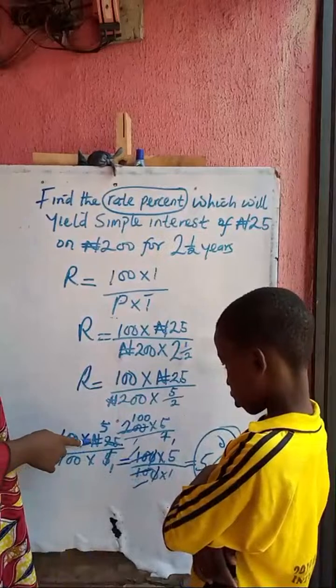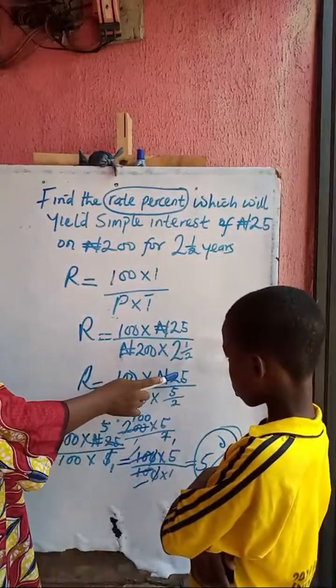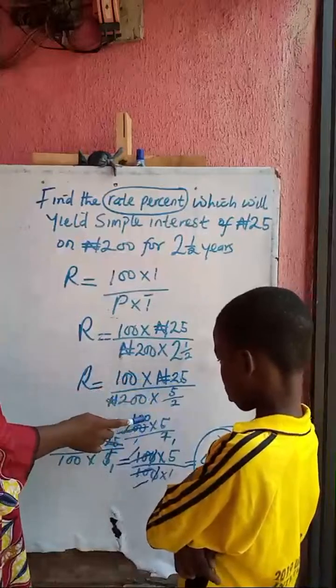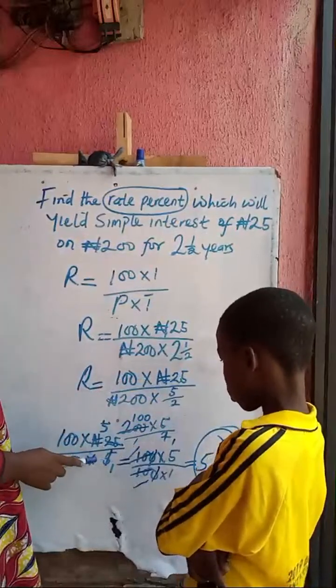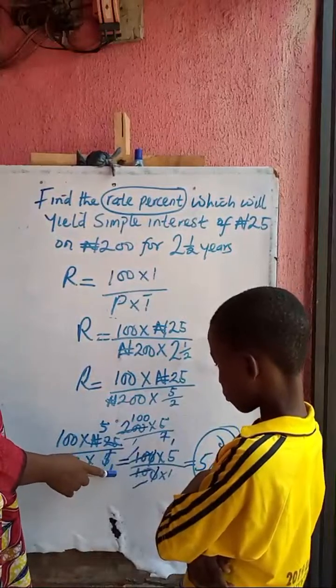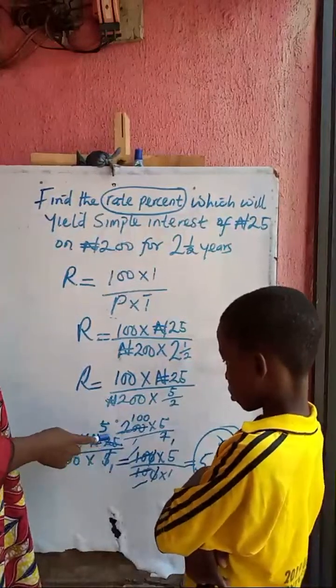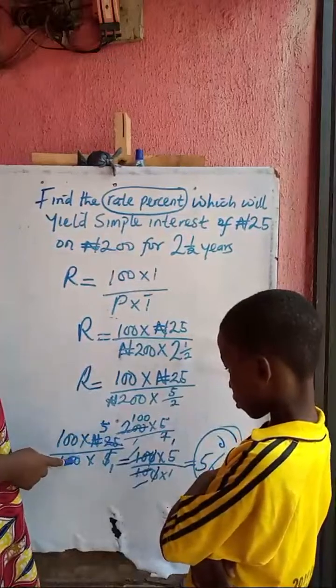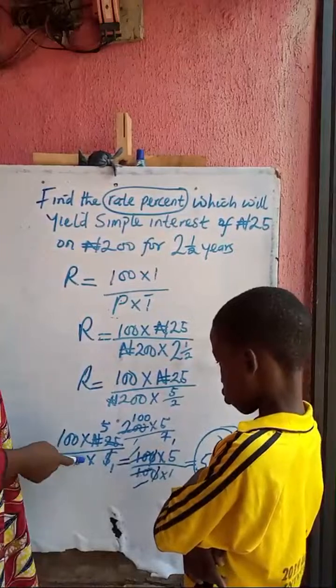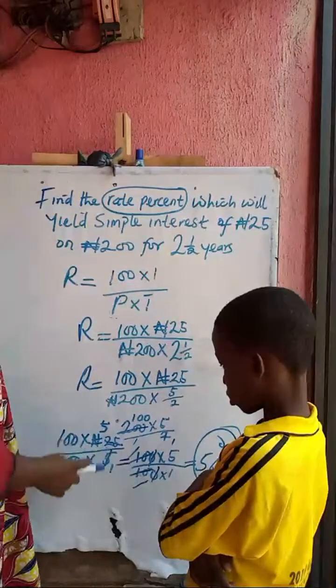So this 100 times 25 naira is divided by 100 times 5. 5 divides itself, 1. 5 divides 25, 5. 100 divides 100.